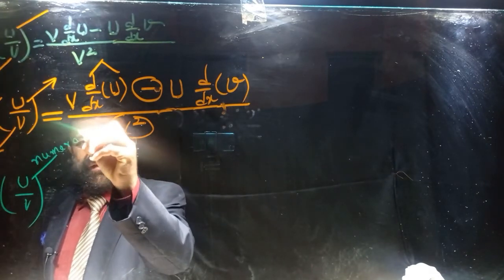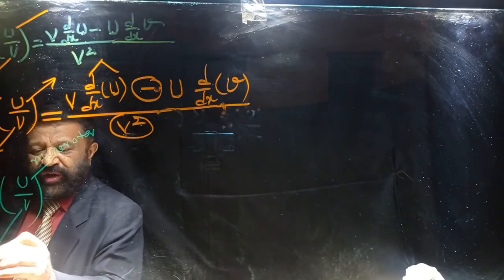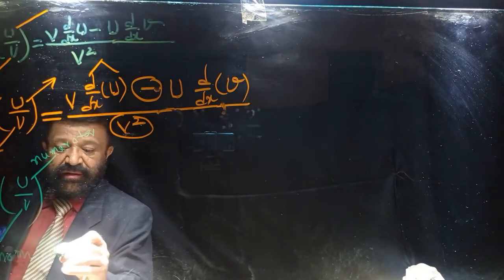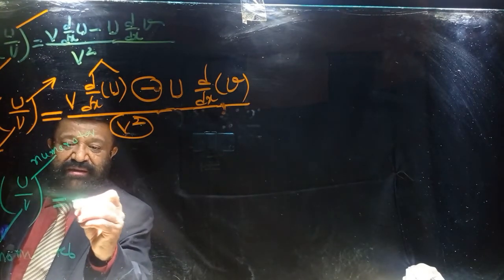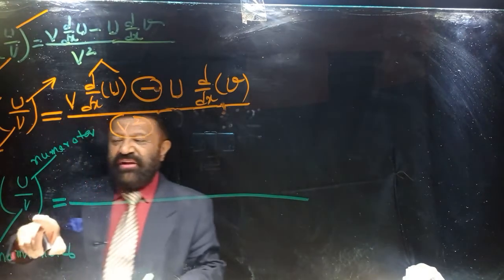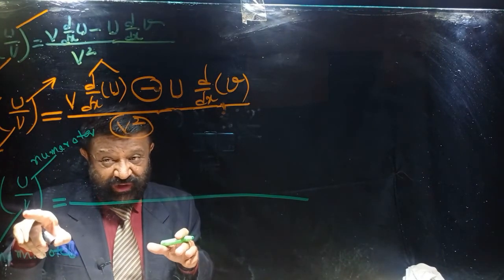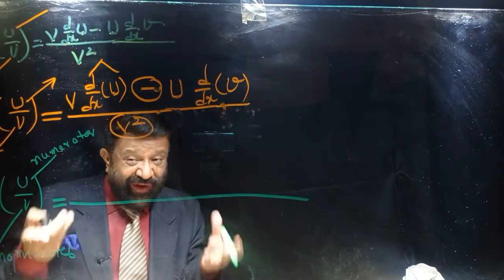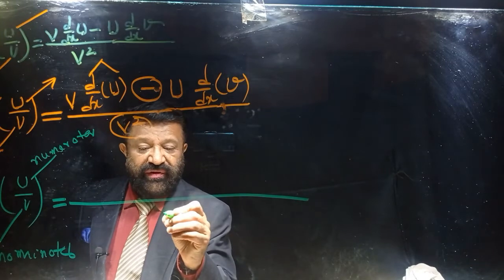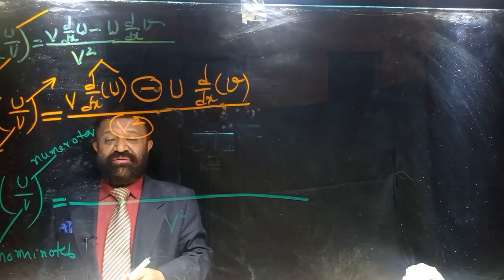And over here, what is its name? Denominator, and then v here. What will you do with this denominator v? You will take a square. Since it was in the denominator, you will write v square over here.